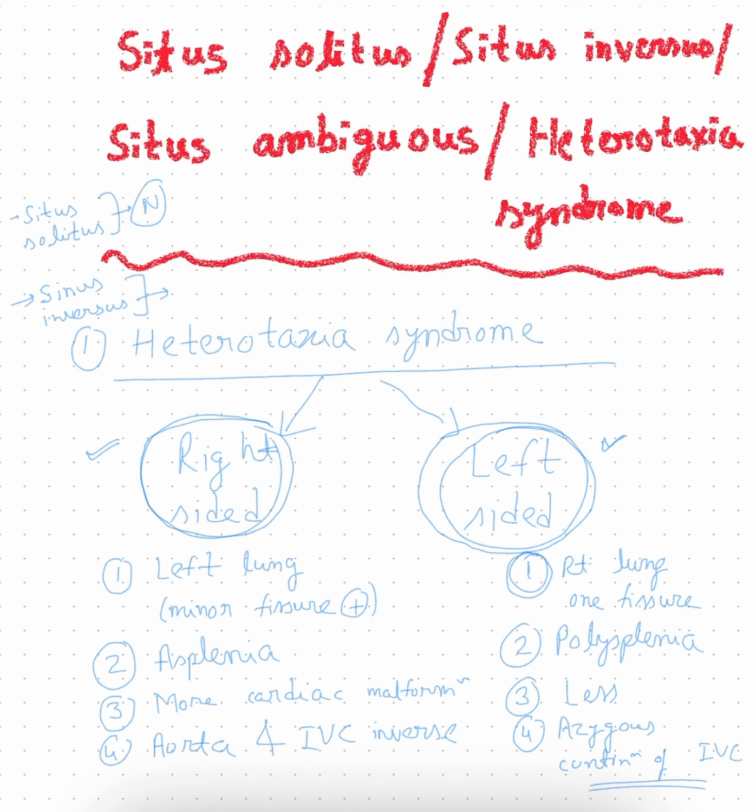So in it, the gastric or the fundal shadow is on the right side, and the maximum part of the liver will be on the left side. In the lungs, in the left lung, there will be one more fissure, a minor fissure will be there, and it is associated with primary ciliary dyskinesia.